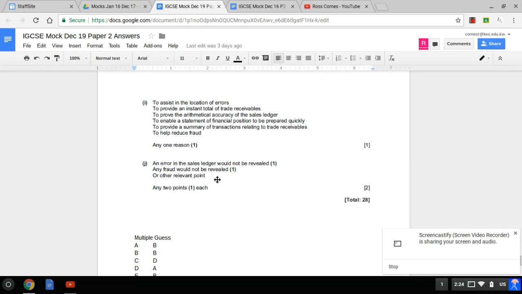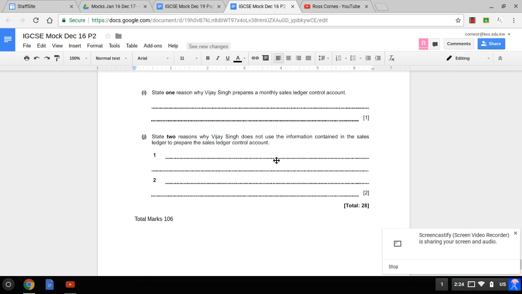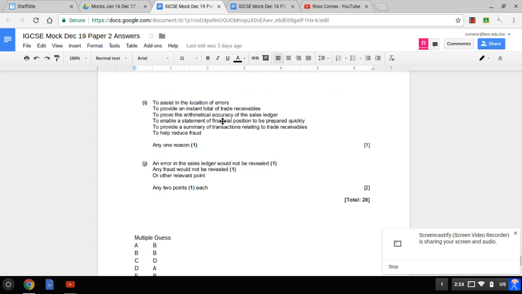The reason why we don't take any of the information out of the ledger itself, we go back to the books of prime entry, is that it won't help us to find out if there's a fraud being committed by an accountant. If I use the figures that the accountants put into the ledger accounts or into the computerized system, then all I might be doing is checking that his fraud has been recorded.